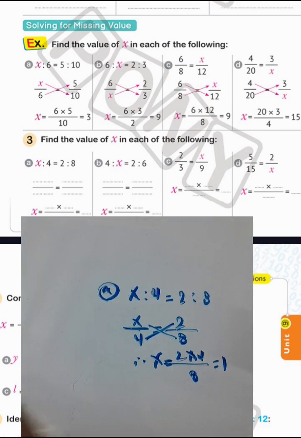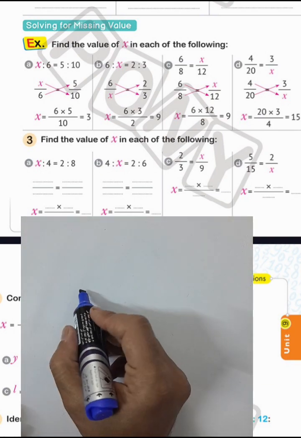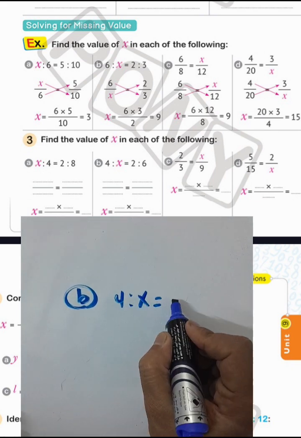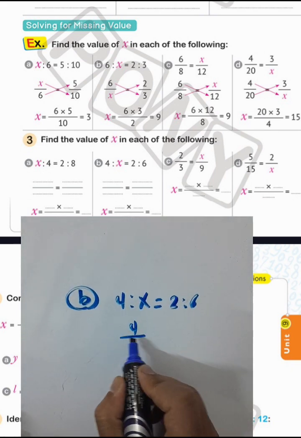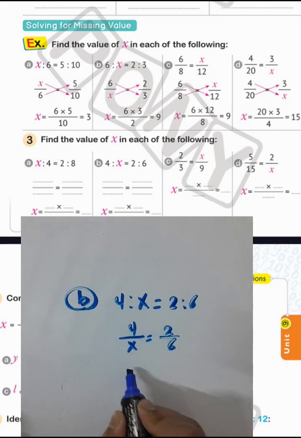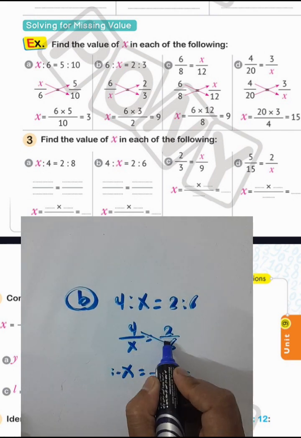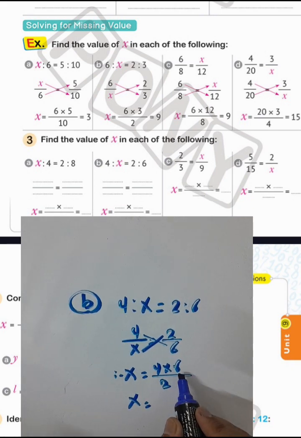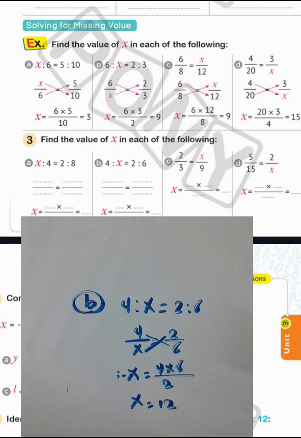Then the result will be 1. Question letter B, we have the ratio between 4 and x equal to 2 and 6. Then we can write 4 over x equals 2 over 6. Then the value of x equals 4 times 6 over 2. 4 times 6, 24 divided by 2 equals 12. Then the result will be 12.